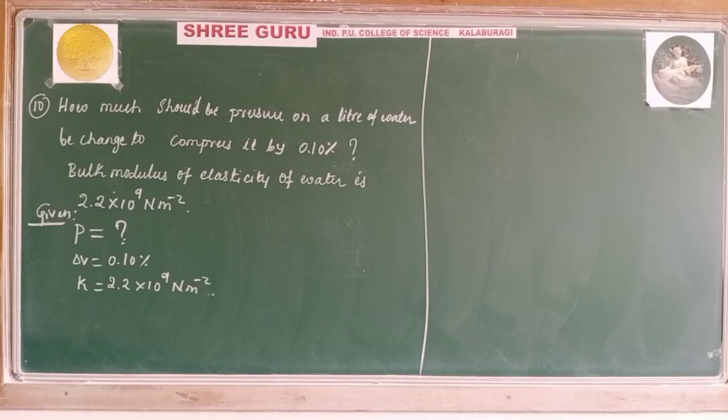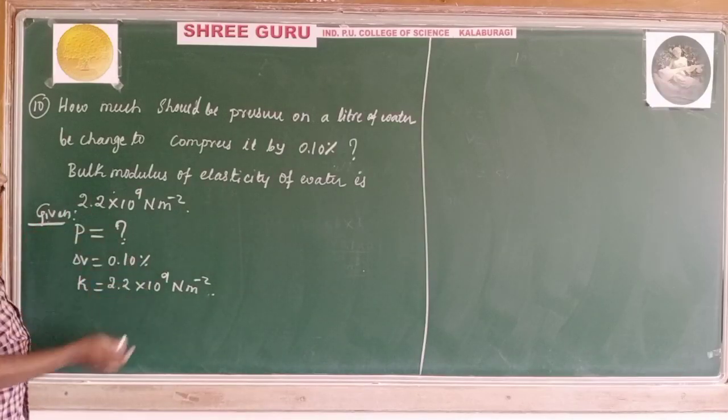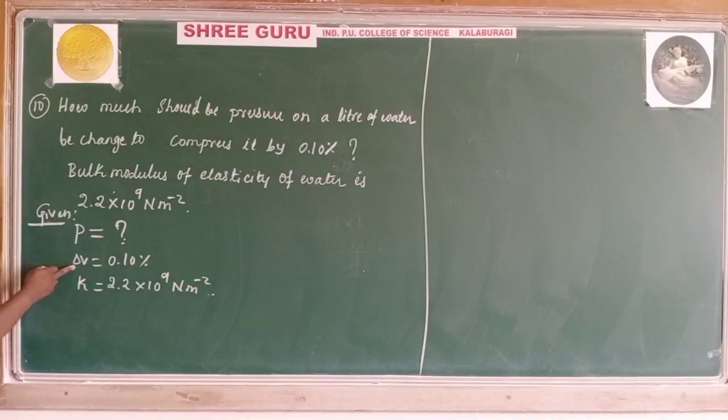This is the bulk modulus value, and keep in your mind, this is the change in volume. What is the original volume? Definitely that is 100%. V equals 100%.